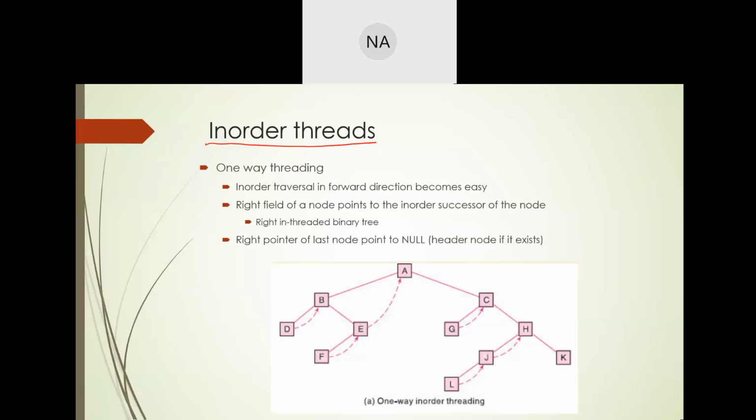The in order threaded binary tree can be of two types, one-way threading and two-way threading. The first uses one-way threading, so it is called the right in threaded binary tree, and the other uses a different kind of threading, called the left in threaded binary tree. I will be discussing them in the next slide.